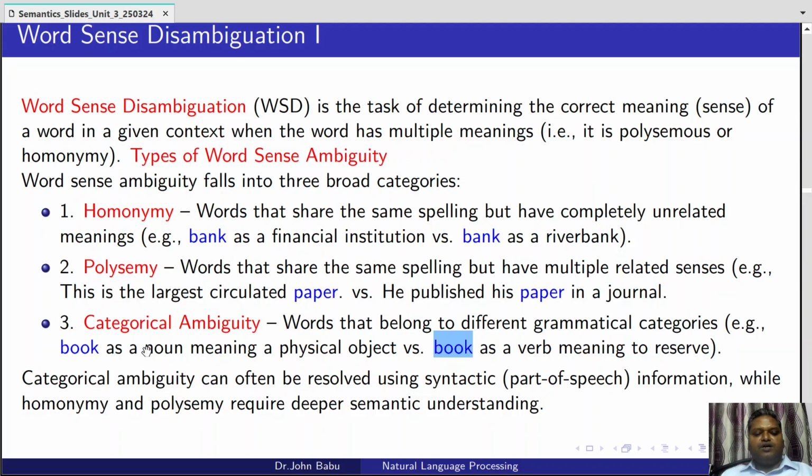Similarly, in the previous chapters, we have seen one example, the cat with 9 lives will live longer. Lives is a noun there, live is a verb. So these three are different phenomena. Because of that, ambiguity occurs. And if you see here, categorical ambiguity can be resolved by using the parts of speech information, while homonymy and polysemy, they require deeper semantic understanding, deeper semantic parsing.